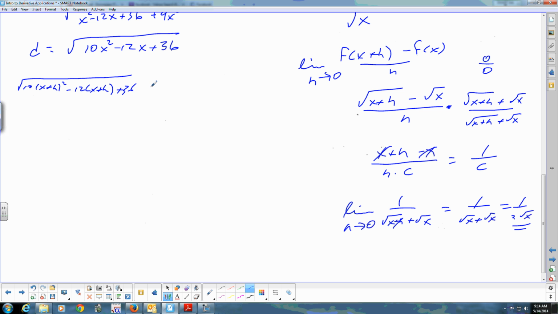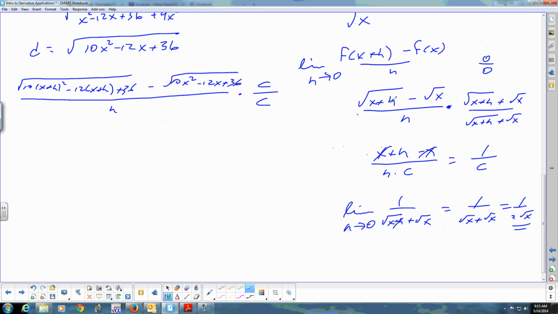Then I subtract the original function, which is this thing, the square root of 10x squared minus 12x plus 36, and it's all over h. Now, just like here, I need to multiply by the conjugate. To save space, I'm hoping you guys are okay that all that makes the conjugate is I'm changing this sign to a plus. So, in the interest of space on here, I'm going to write c over c, multiplied by the conjugate top and bottom.